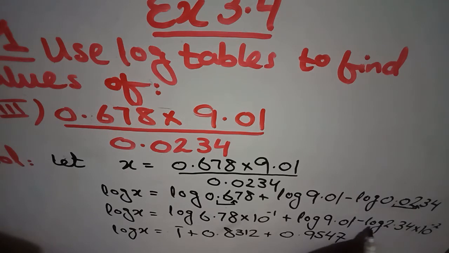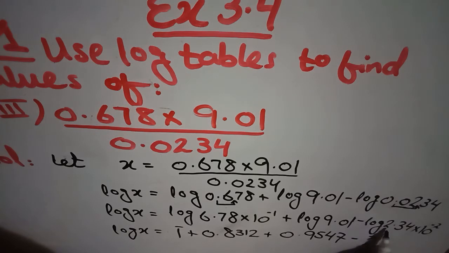It is the negative log, so there you have 2.334. What is the characteristic of this value? That is -2. Just write it with the minus sign over it, which shows that you are writing it in negative form. Characteristic plus what will be the mantissa.